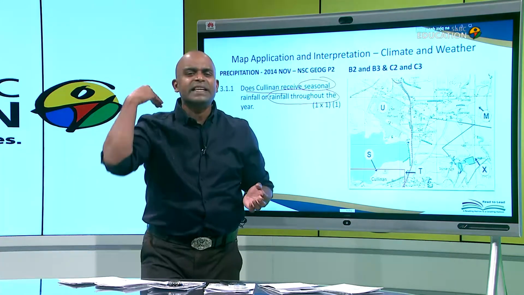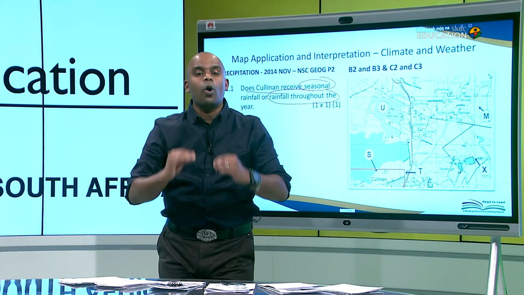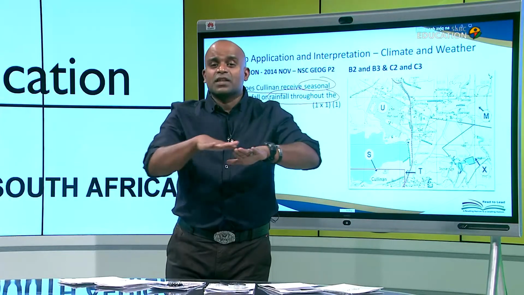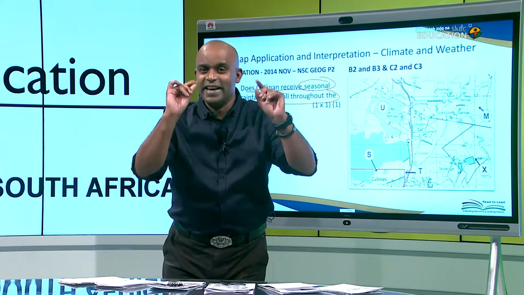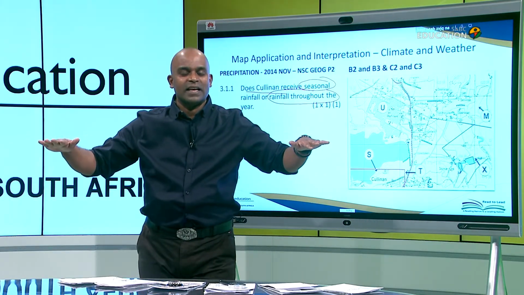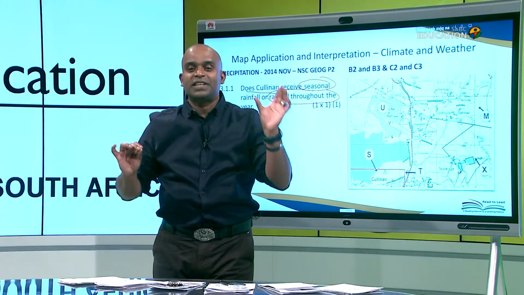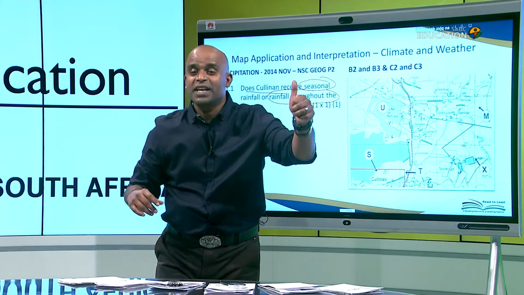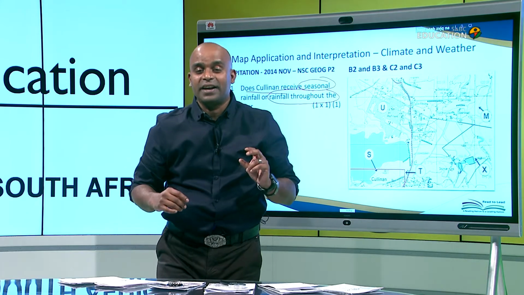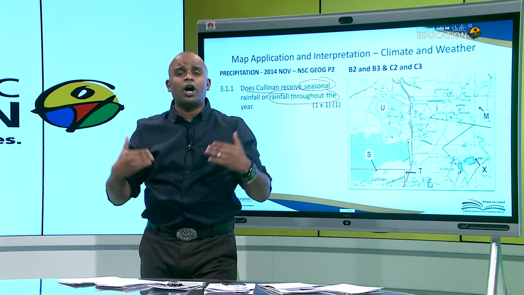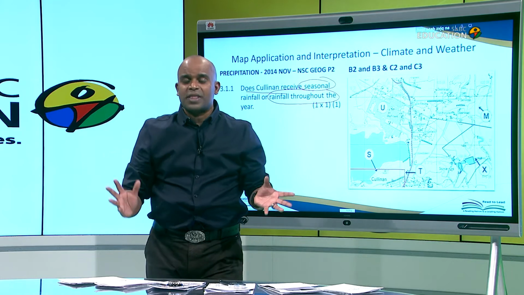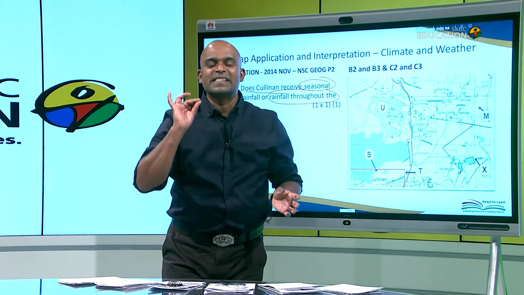Immediately you would be able to determine that South Africa is a low rainfall area as it falls on the high pressure belt. And it's influenced by the three anticyclones, your South Indian, South Atlantic, and Kalahari High, which means that the majority of the rainfall over South Africa falls in summer.